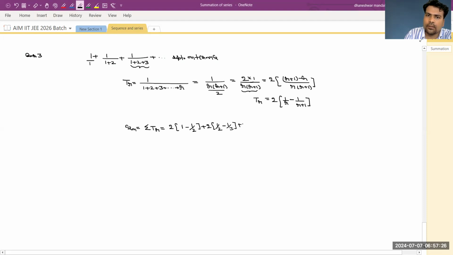In a similar way, 1 by 3 minus 1 by 4, and if I put the value of r as n, then 2 times (1 by n minus 1 by (n plus 1)) is here. Okay, so see, here this term will be cancelled out, this term will be cancelled out, up to this term everything will be cancelled out. That means 1 is remaining and 1 by (n plus 1) is remaining. Okay, so now it's clear to everyone.